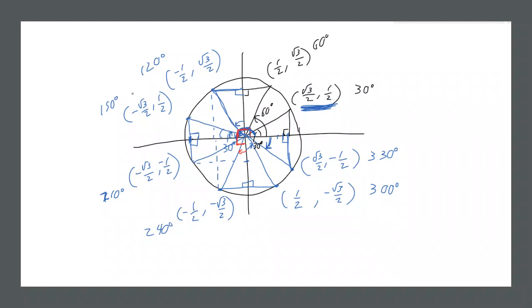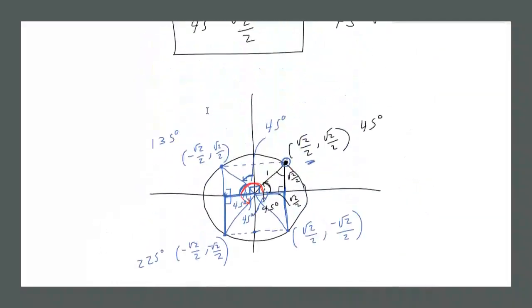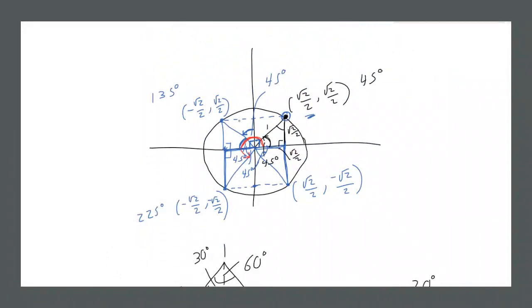Okay, so it looks like a lot. It looks like we have many triangles here and many different points along the unit circle, but it's just one triangle placed in that first quadrant right there, and it's reflected a bunch of times. Okay, and then we have the other special triangle placed just once in this quadrant and reflected a bunch of times.